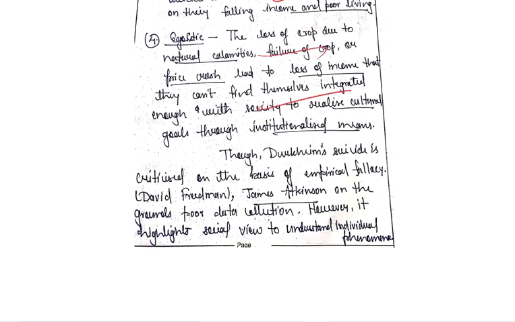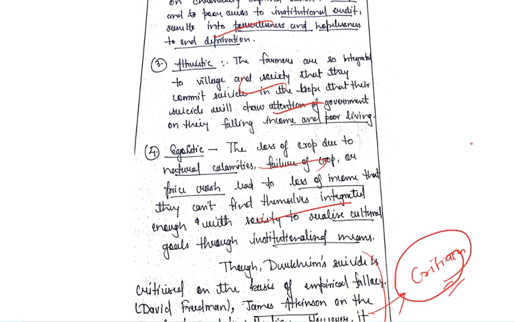Coming to the conclusion part, Durkheim's suicide is criticized on the basis of empirical fallacy on the ground of data collection. However, it highlights. So, primarily the conclusion deals with the criticism. That is not a very good approach to conclude an answer. Yes, you can always mention criticism, but you can mention it before the conclusion part.